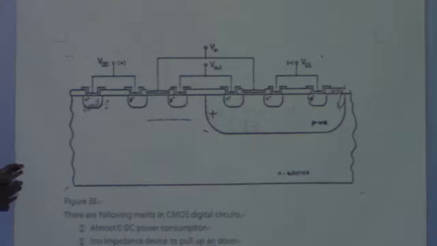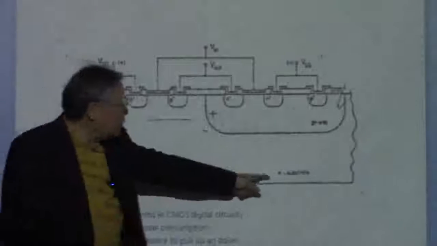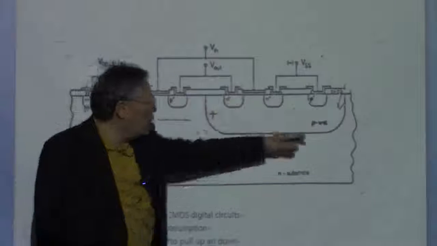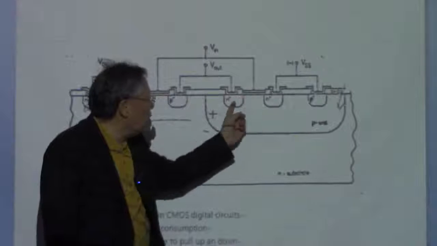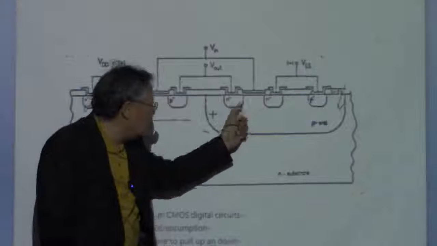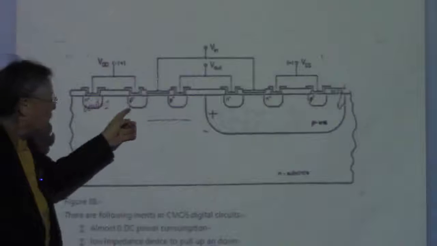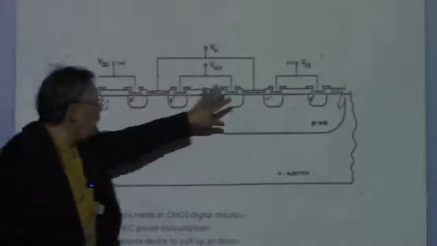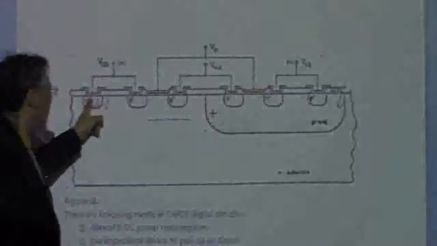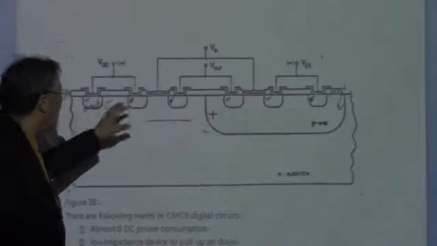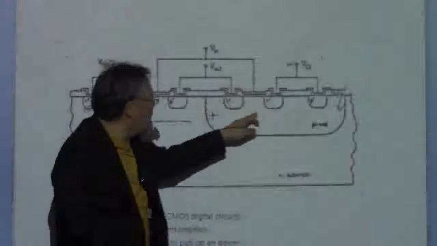Of course, we can make the N substrate as shown in this figure, and then set a P well. In this P well we have an NMOS just like this, and in the N substrate we can have the PMOS, so that we have PMOS and NMOS at the same time. This is just for the contact to the substrate.